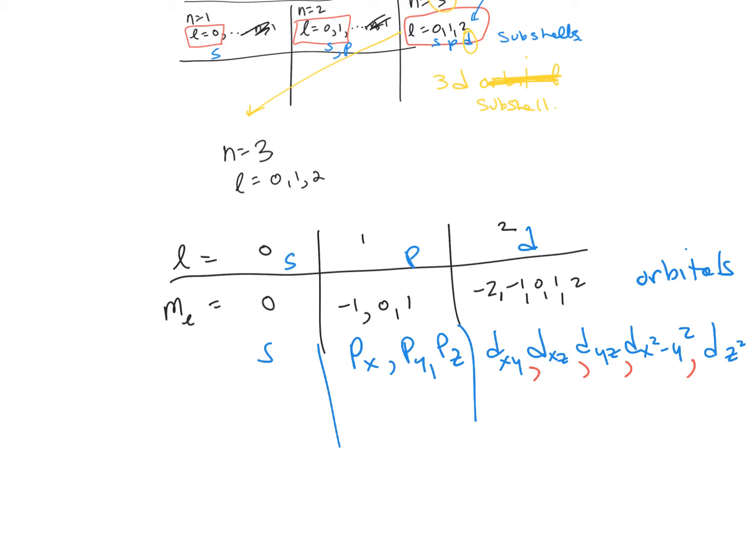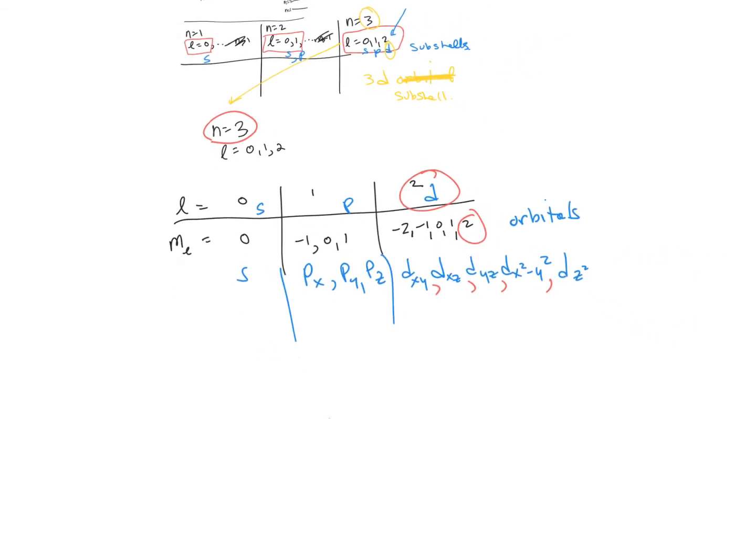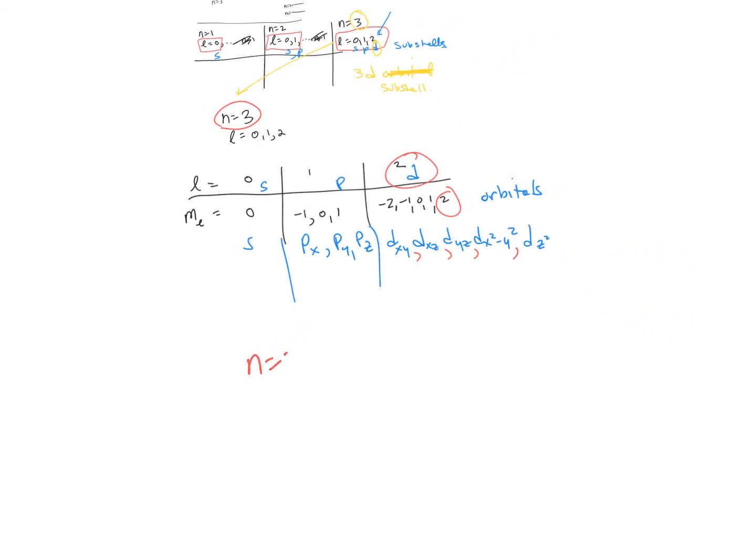Give an example of an orbital that's represented by n equals 3, L equals 2, and M sub L is equal to 2, and M sub S is a half. That's just the spin part of it. So you could say n equals 3, L equals 2, which makes it D. M sub L is equal to 2 as well, so that makes it a D subshell.